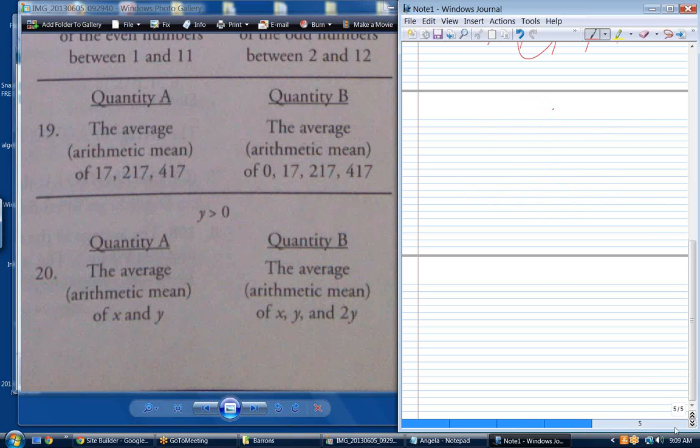I wonder if they don't take some of these questions and put them on their practice tests directly. I wonder, because it does look familiar. So how can we express the quantity on the left? It'd be x plus y divided by 2. And the quantity on the right? x plus y plus 2y divided by 3.